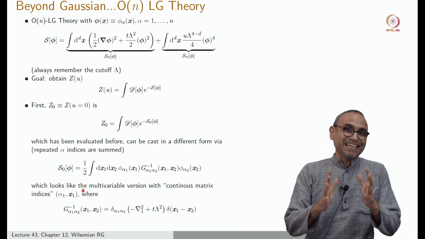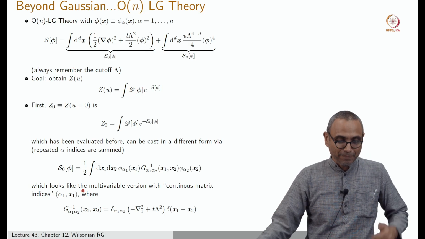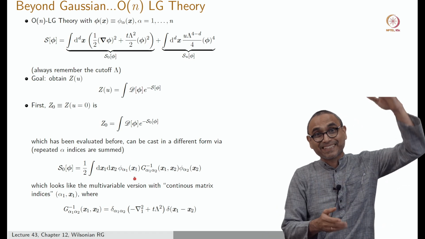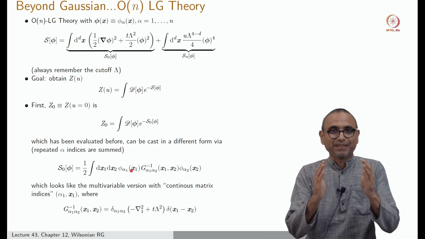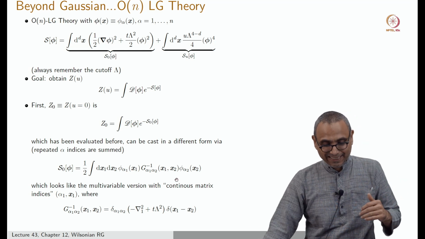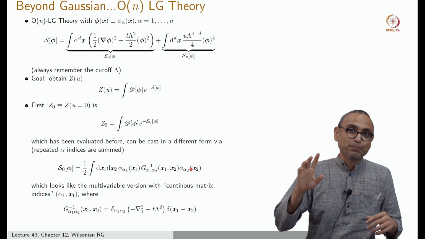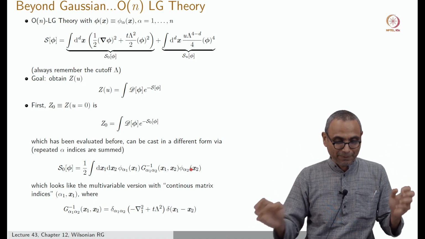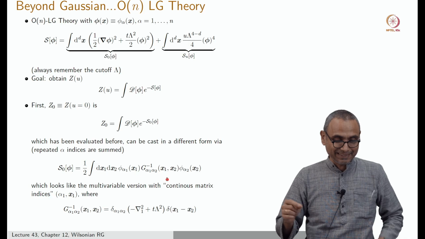Now you realize that this looks exactly like a matrix problem. So imagine that this is like a vector with continuous indices. This alpha 1 x1, if you club that into some kind of index, and this one has some kind of index, so this psi transpose G inverse psi, which was like some matrix multiplication, can be thought of as a matrix multiplication with continuous indices.